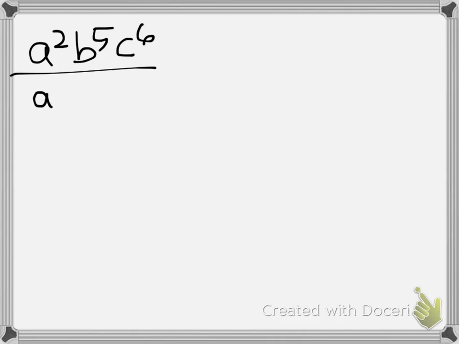So let's say we have, well, let me change this to black again. What if we had a squared b to the 5th c to the 6th, and I want to divide by a b squared c to the 4th? How would the rules apply to this problem? Okay, Cameron?